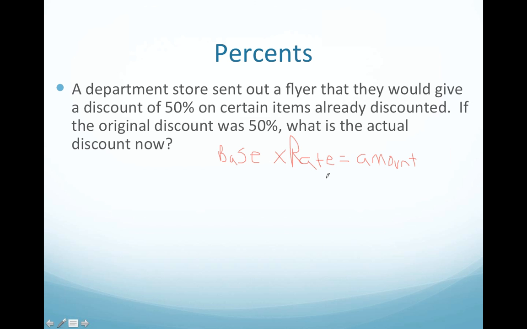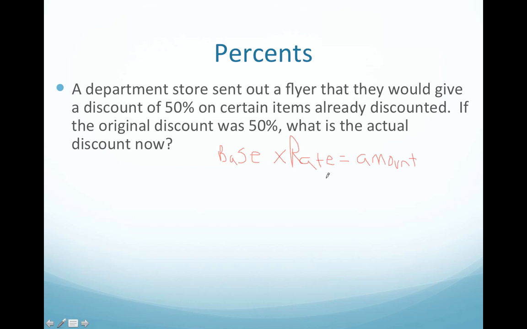Regardless of what we're working with, with these types of percentages, the concept is always the base times the rate equals the amount. The base is always the largest number. The rate will be a percentage or a decimal.